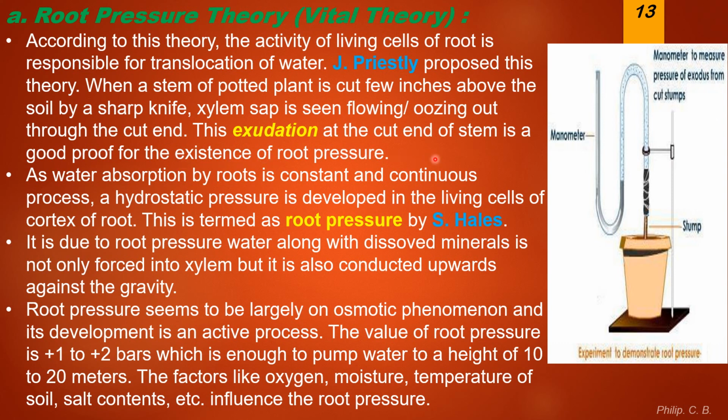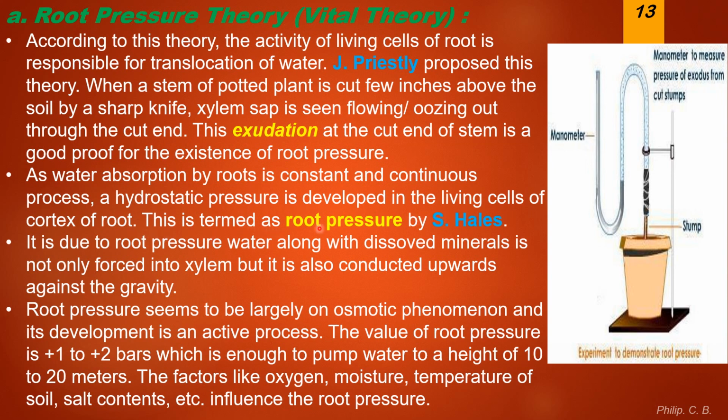So a simple process, by giving a small cut with a sharp knife, we can see the xylem sap flowing out or oozing out. As water absorption by roots is a constant and continuous process, a hydrostatic pressure is developed in the living cells of cortex of root.